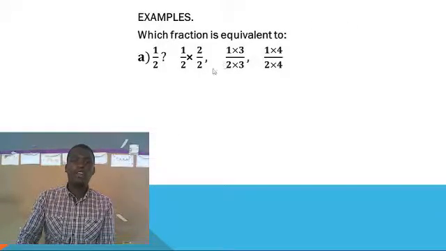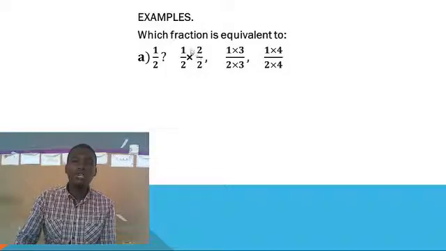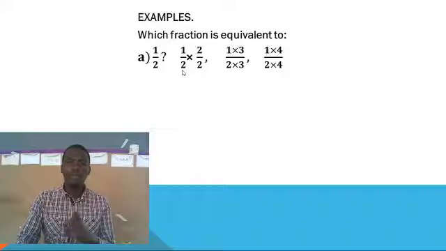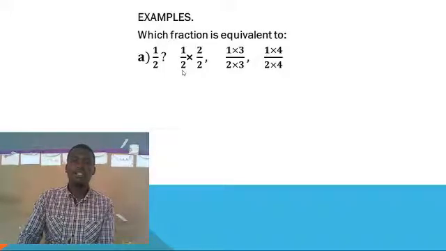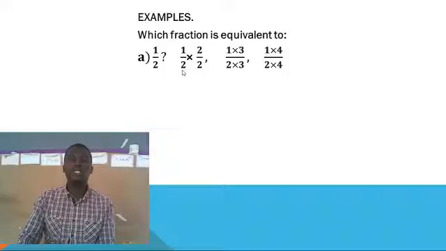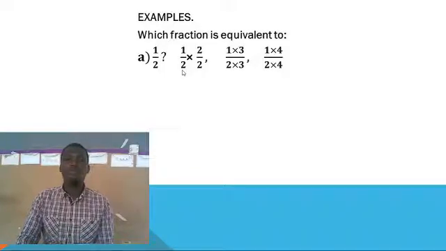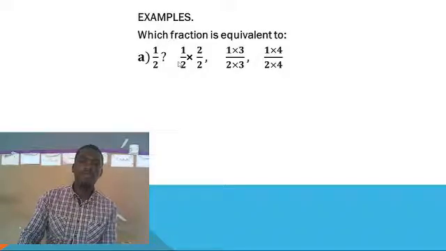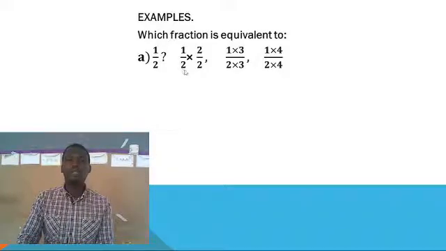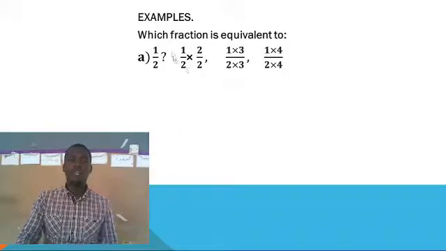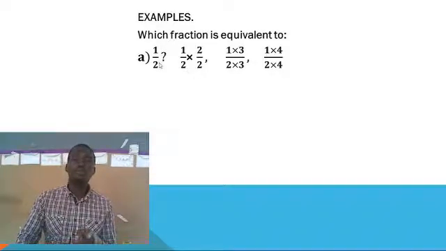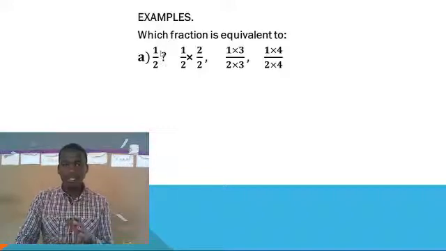Which fraction? So for us to get that fraction, we need to get the half, 1 out of 2. I've used only one multiplication sign, but it still remains the same. Even if I say it's 2 out of 2, it's the same as 1 times 3 out of 2 times 3. Or it's the same as 1 times 2 out of 2 times 2. So the first one is 1 times 1 out of 2 times 1, which remains 1 out of 2.